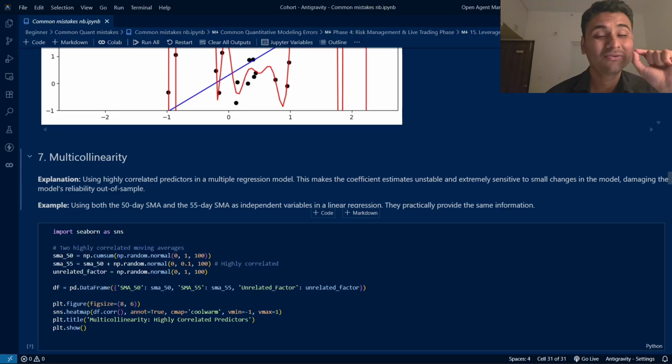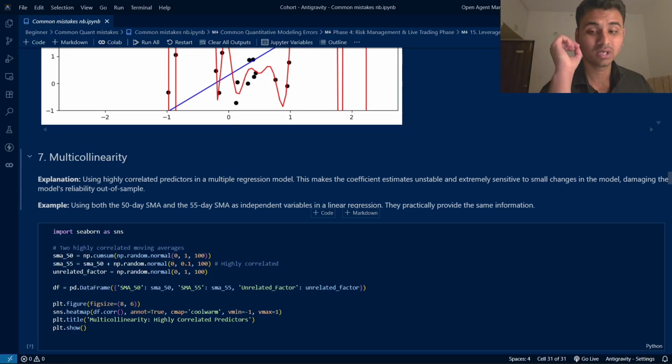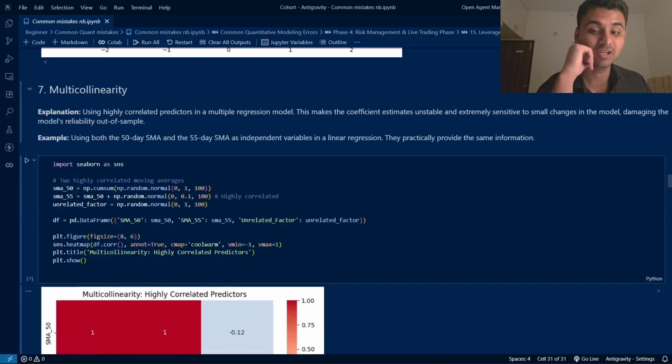But you have to do a fragility test: if that same length is increased to 55 or decreased to 55, does it significantly reduce returns, increase the drawdown, or decrease the Sharpe? Then yes, you are using highly correlated predictors. This makes the coefficient estimates unstable and extremely sensitive to small changes in the model. So small changes, instead of 50 SMA you use 49, 51. That small change damages the model's reliability out of sample.